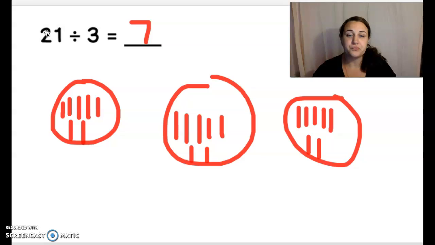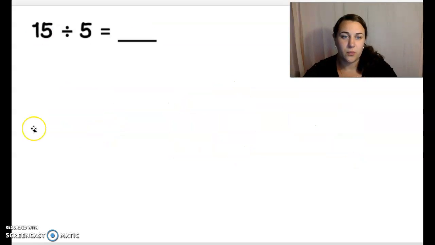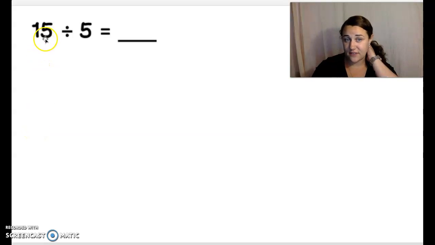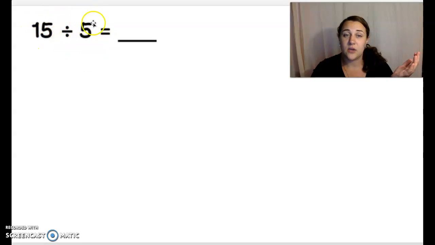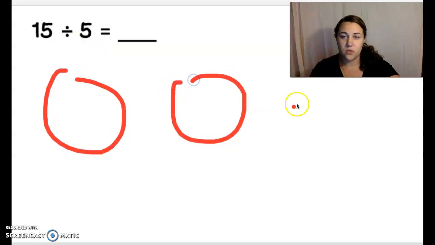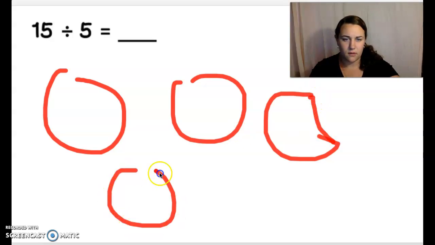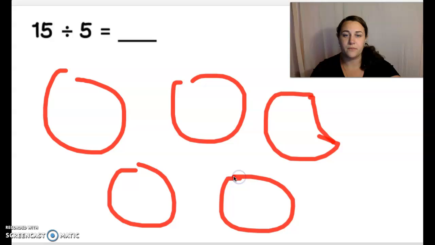Okay? So let's do another one really quick. So again, I have 15 divided by 5. So this now tells me I need to take 15 and divide it equally into 5 groups. So I'm going to make my 5 groups. 1, 2, 3, 4, 5.